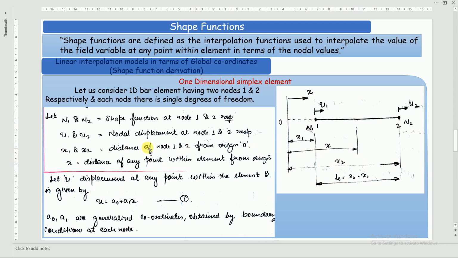So let us consider a 1D bar element having two nodes 1 and 2, and at each node there is a single degree of freedom.